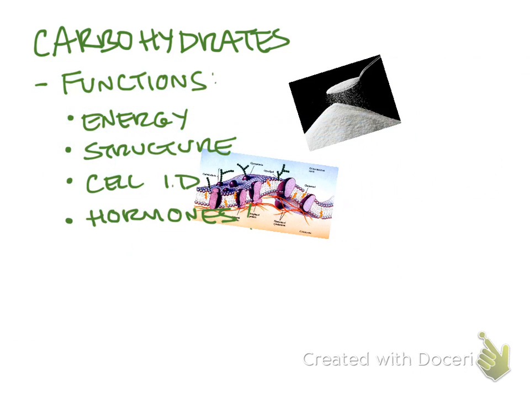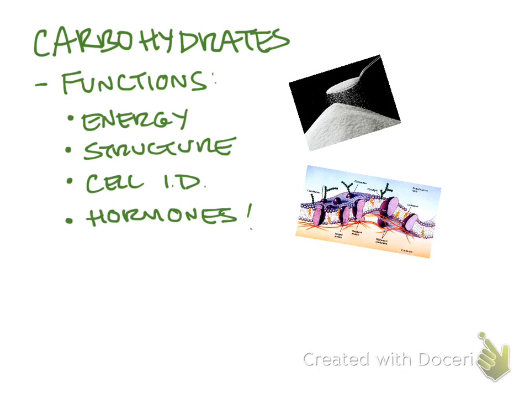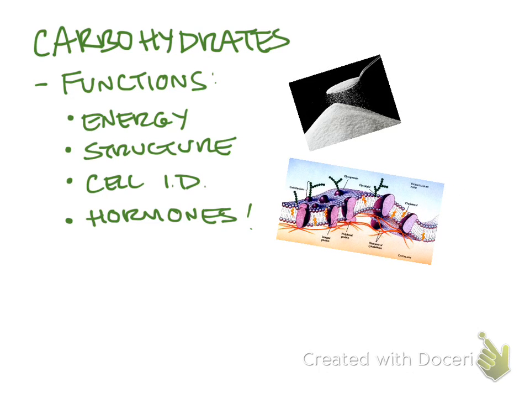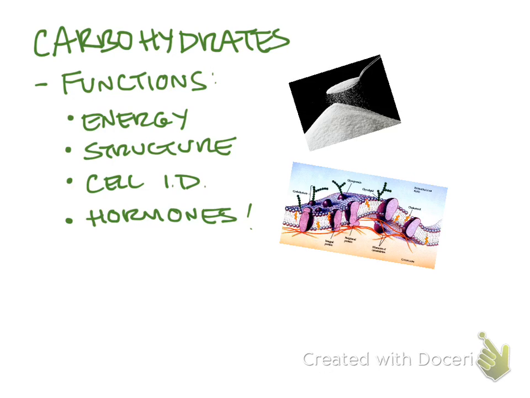And then we can have here for cell ID, it's a little harder to understand what's going on here. So let me just sort of circle things up here for you. Right here, these things that I'm circling up, those are actually carbohydrates that help cells to identify themselves as being part of the body, and therefore they shouldn't be attacked by the immune system.